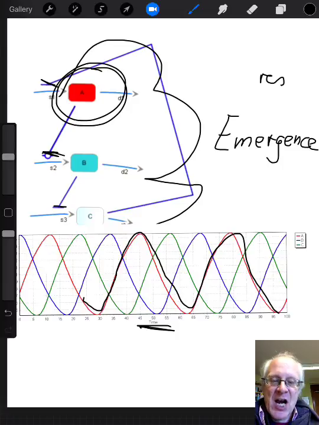We get an oscillating system by simply putting 3 feedback loops together. If you have 1 feedback loop, you stabilize the system. If you have 2 negative feedback loops, you again get a bistable system. If you put 3 feedback loops together, you get an oscillating system.